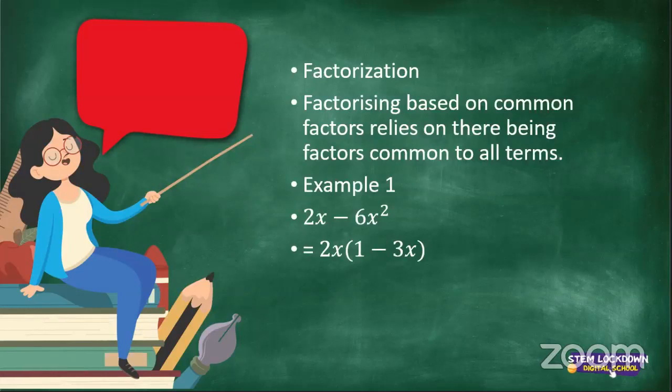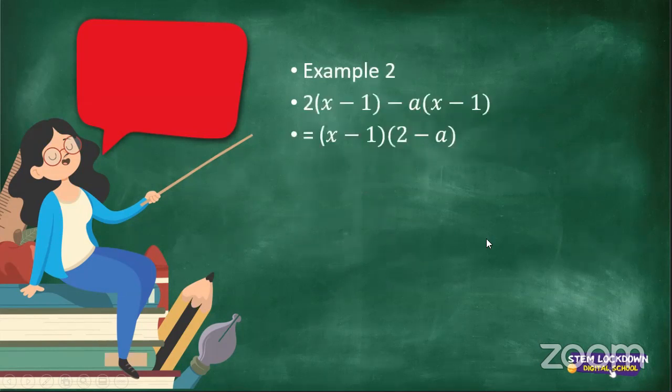And of course, minus 2x times 3x gives you 6x squared. And of course, that brings us to the conclusion of factorizing 2x minus 6x squared. This will be 2x into 1 minus 3x. I hope that it makes sense as we look at example 2.